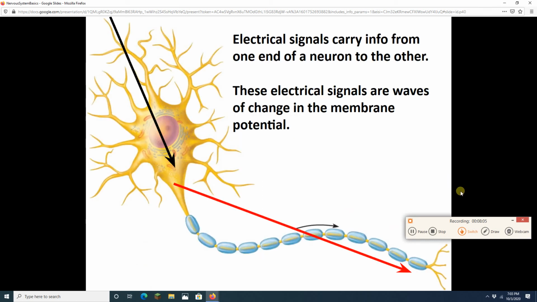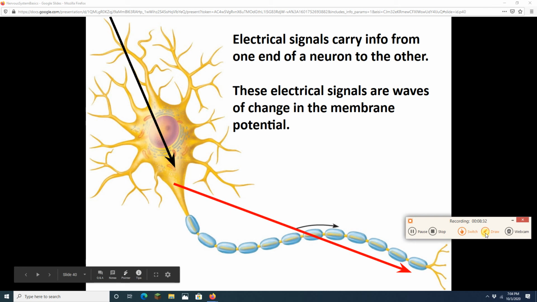All right, reiterating something we've said before, we're going to use electrical signals to go from one end of a neuron all the way down to the other. So electrical signals through the dendrites and through the soma, and then through the axon. Now notice that I chose different color arrows to represent my electrical signals.